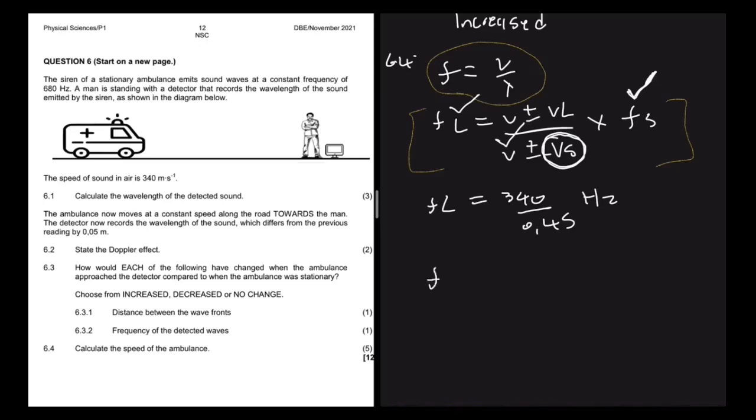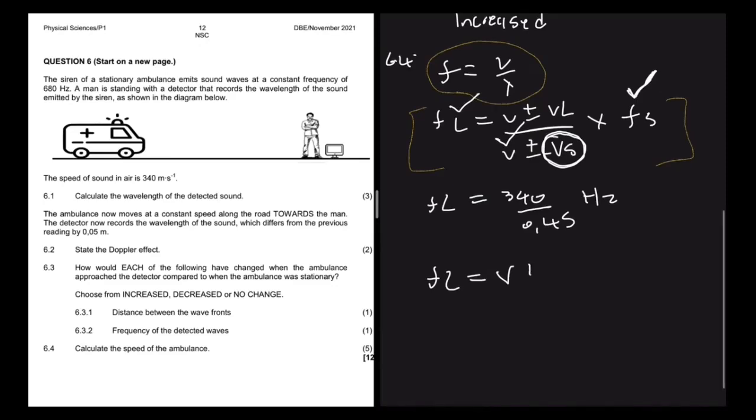We're just gonna keep it like that. So now we have frequency of listener equals to, this is the speed of sound in air, and the listener is stationary. So we're going to have plus or minus 0, right? And then divided by the speed of sound in air again, V, and then the source is moving towards.